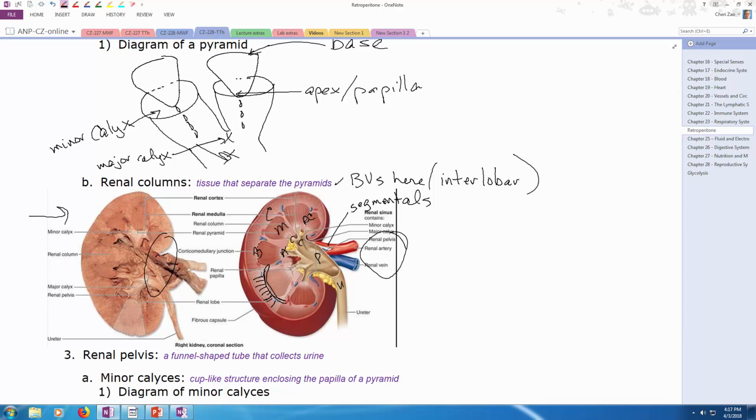We prefer that name because there isn't a name that's been used, interlobular, but cortical radiating blood vessels actually are much more descriptive, don't you think? And interlobular, where's the lobules or little divisions, and you can't actually really appreciate that. So some books will call them interlobular. We're going to call them cortical radiating because that's a good descriptor for us.